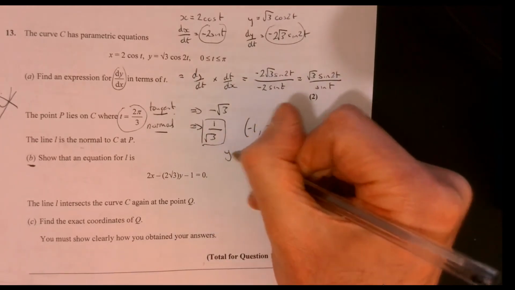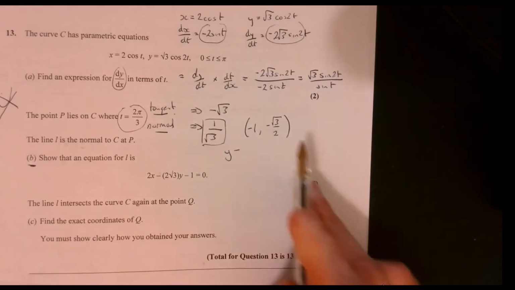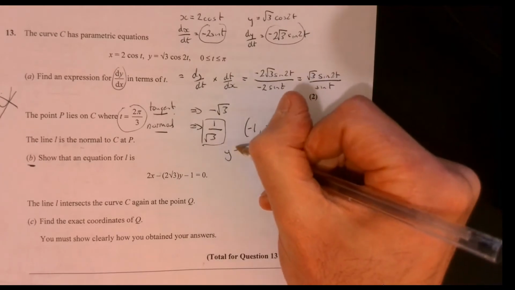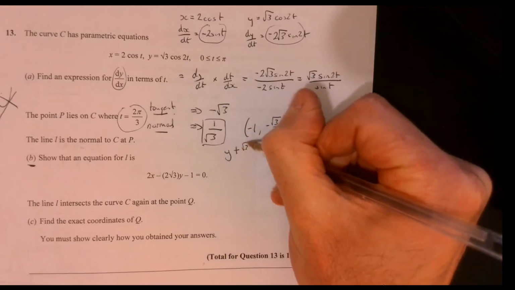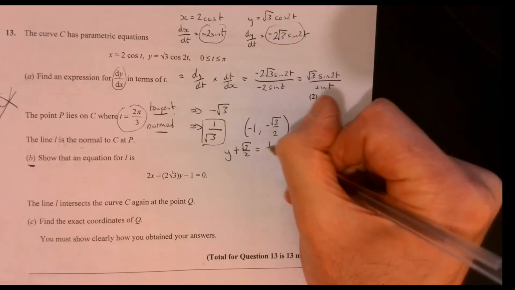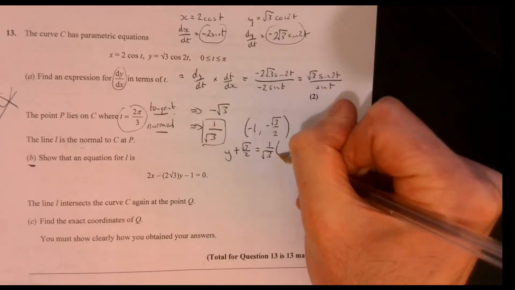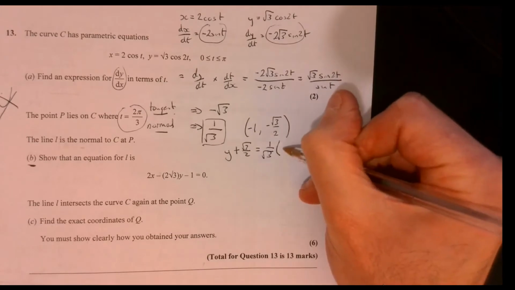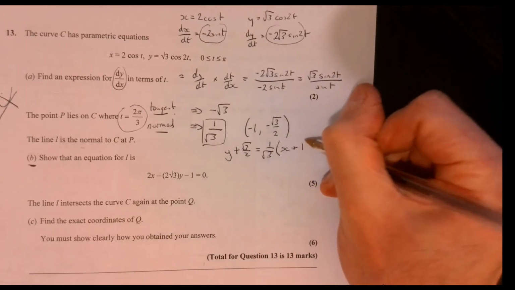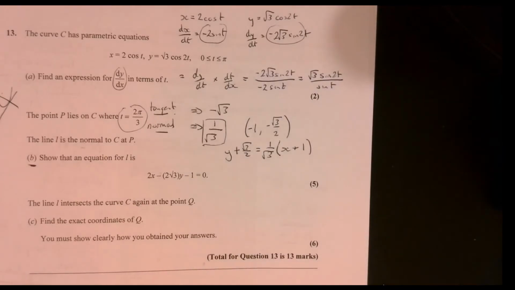So I've got y, take away the y ordinate, so it's going to look like this, and then equals, we've got 1 over root 3, and then x, take away the x ordinate, so plus 1.